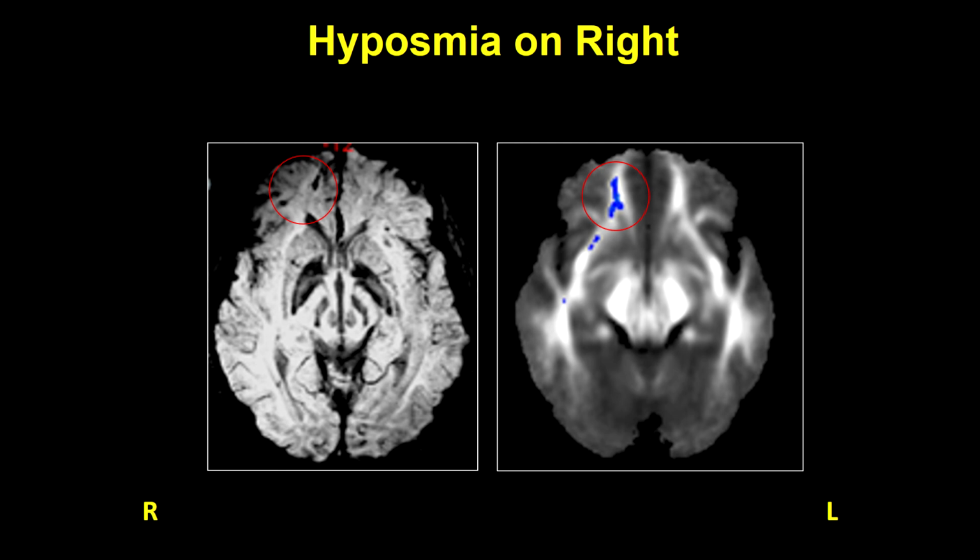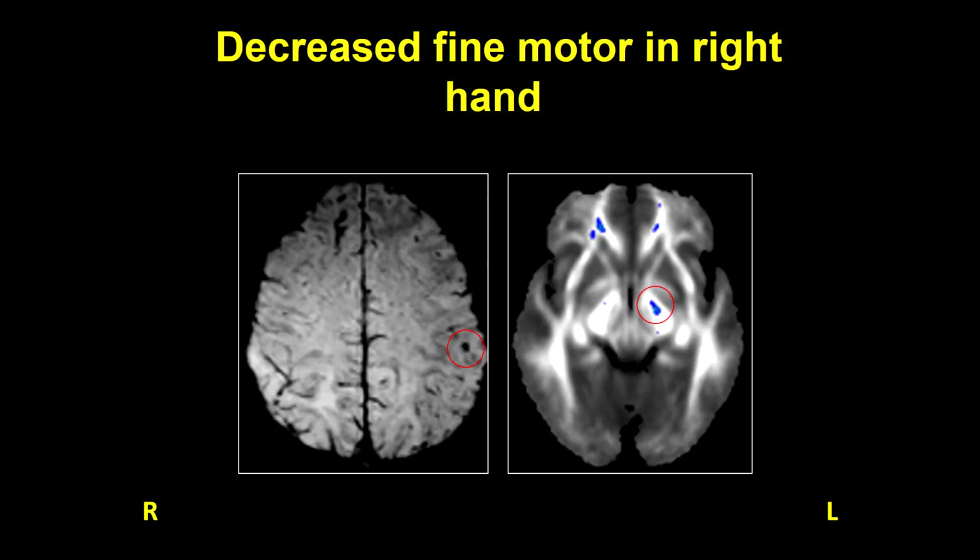The olfactory bulb runs just below the orbital frontal cortex, so it lies just beneath this area, and most likely the olfactory lobe was torn or stripped, resulting in this smell problem.